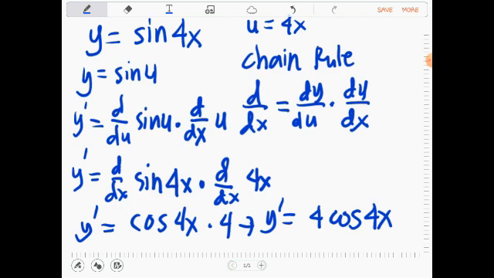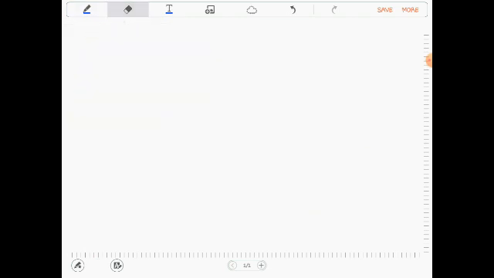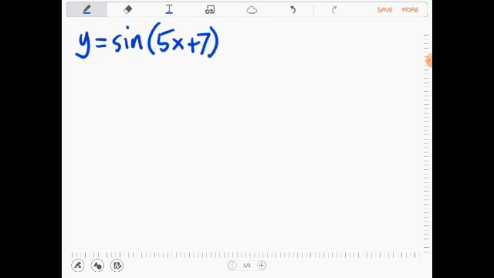So, another example for chain rule. What if we have y is equals to sine quantity 5x plus 7. So, therefore, yung ating u dito is equals to 5x plus 7. Okay? So, i-rewrite natin siya.